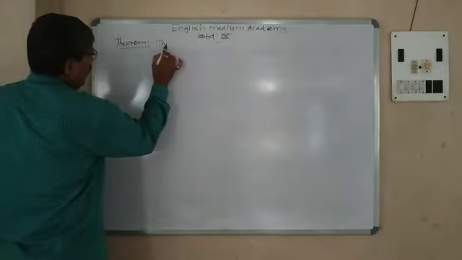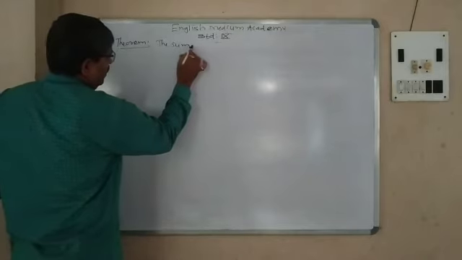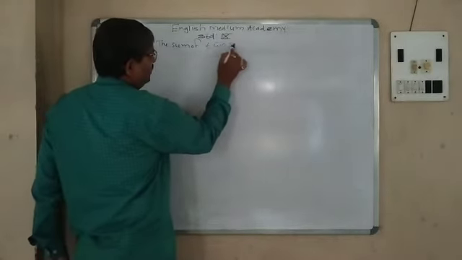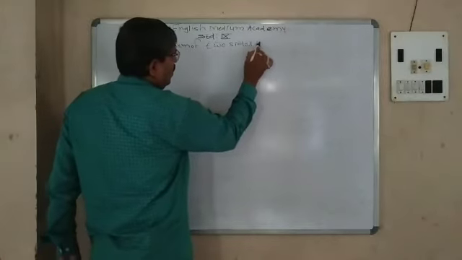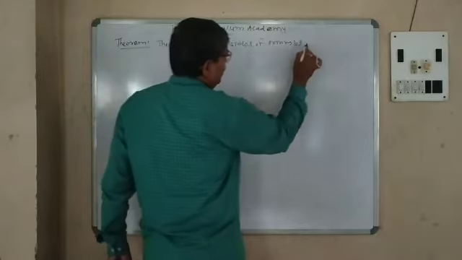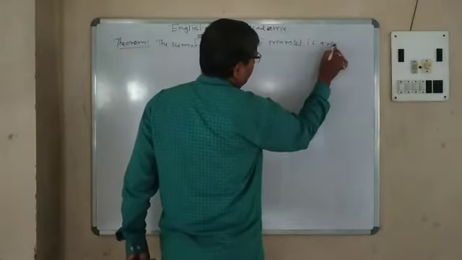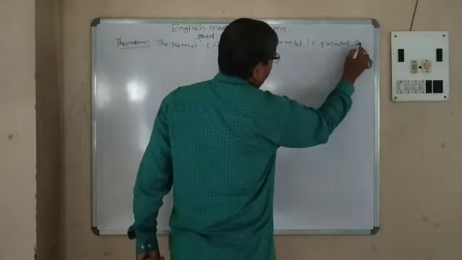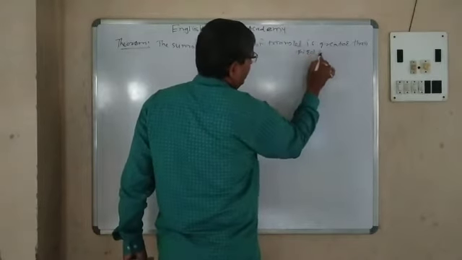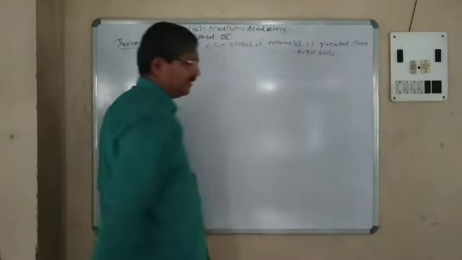The sum of two sides of a triangle is greater than the third side.